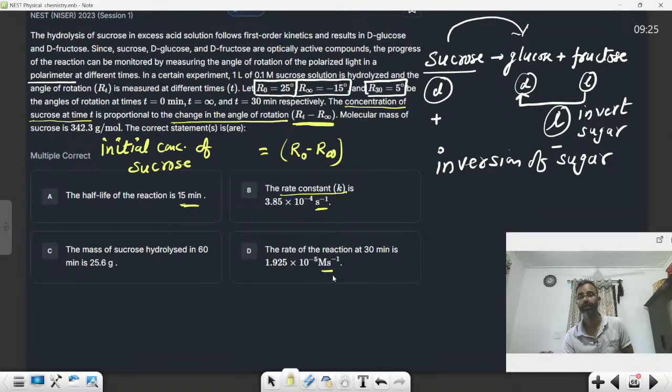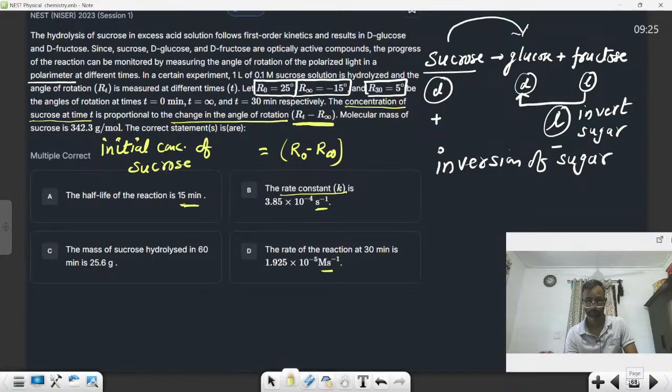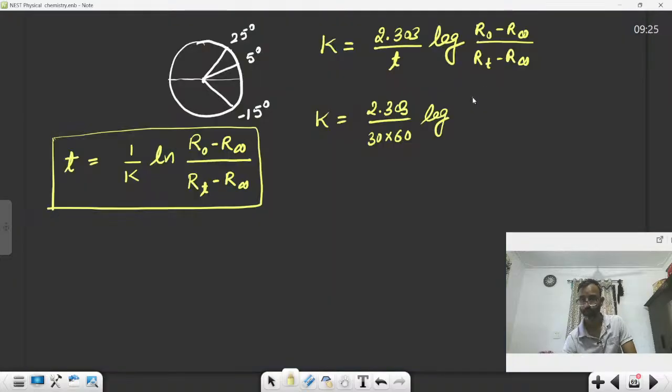So we have to convert time into seconds. k equals 2.303 by 30 into 60 log of R naught, which is 25, minus R infinity, that is minus 15, divided by 5 minus minus 15.